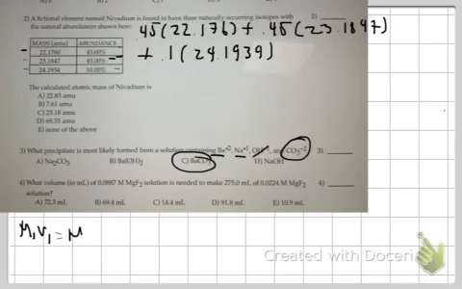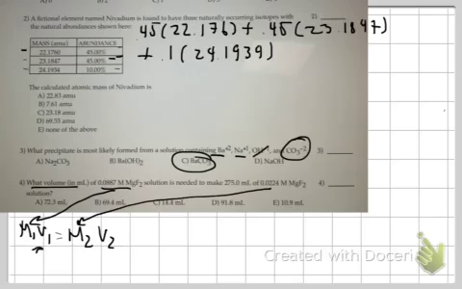So this one here, number 4, you use the old M1V1 equals M2V2. So what volume do we need to make 750? Let's say this volume can be V1. M1 is this, and then M2 and V2, and it's asking for milliliters.